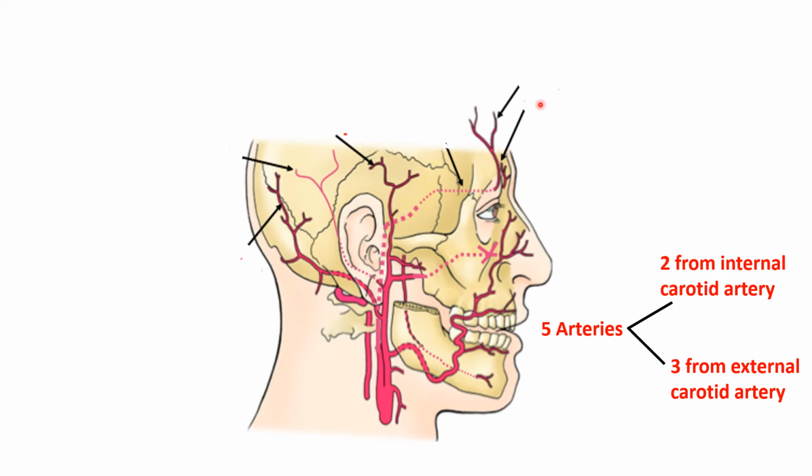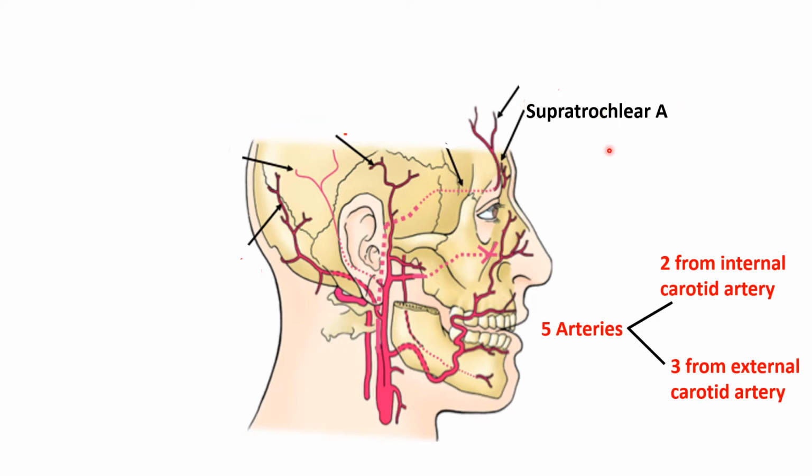Now let us start with the first artery here, which is a branch of ophthalmic branch of internal carotid artery. This artery is supratrochlear artery, right? So as I said, these 2 branches will be appearing just above the superior orbital margin. So remember that word, superior, supra. Remember, supra word you should remember. Now supratrochlear.